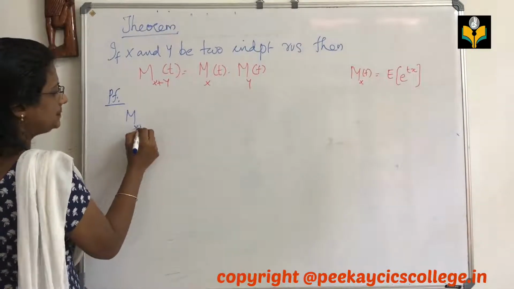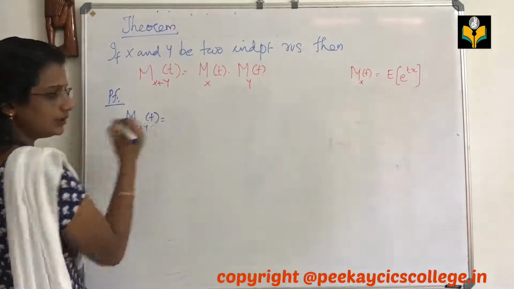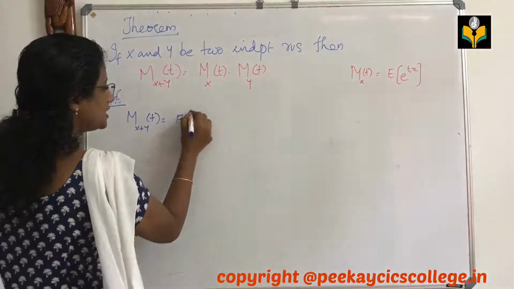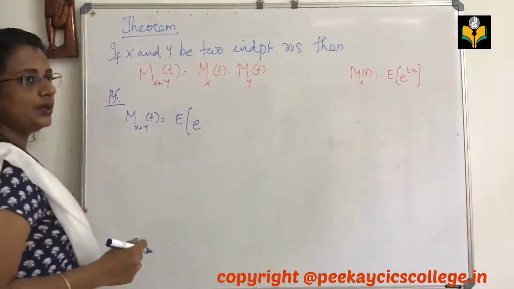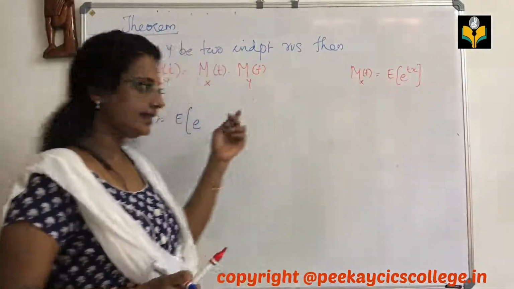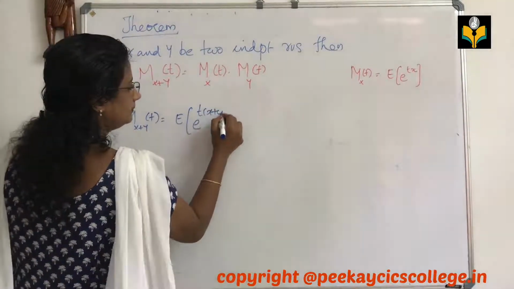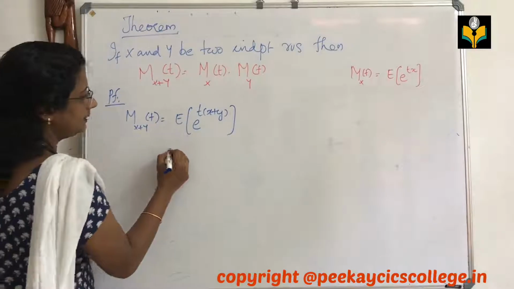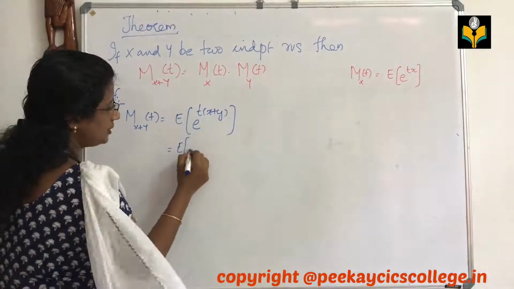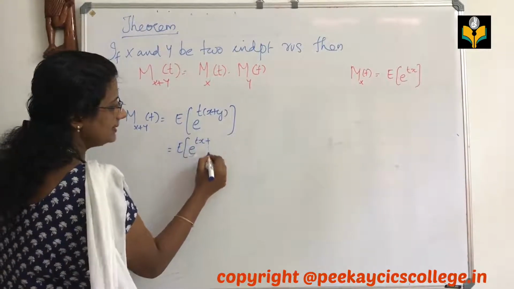MX plus Y of t equals expectation of e raised to t into X plus Y. Let us split it: expectation of e raised to tX plus tY.